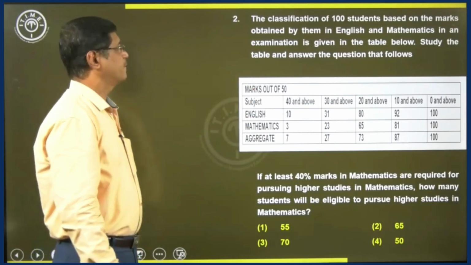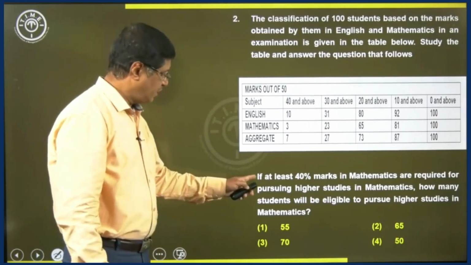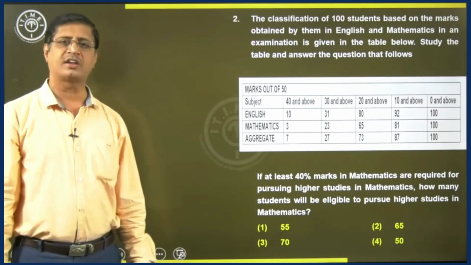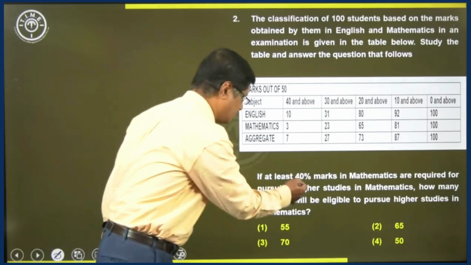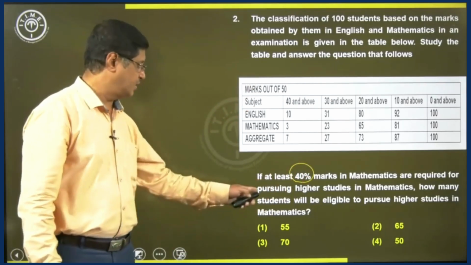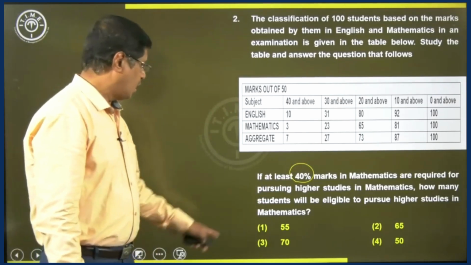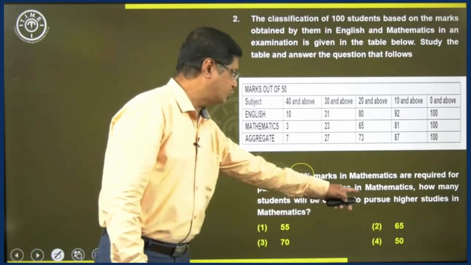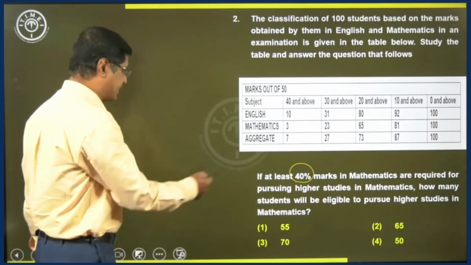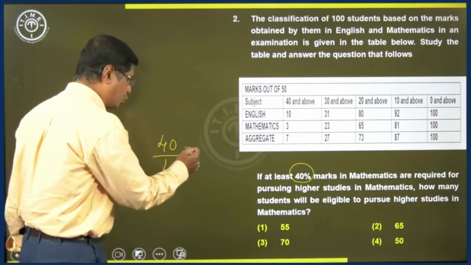Just observe. Dear students, this is the question. If at least 40% marks in mathematics are required for pursuing higher studies in mathematics, how many students will be eligible to pursue higher studies in mathematics? 40% means 40% of the total marks.